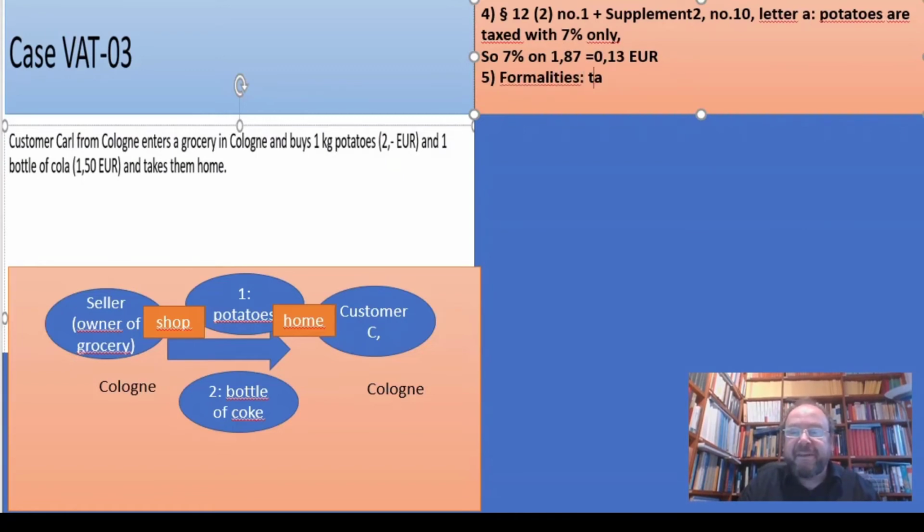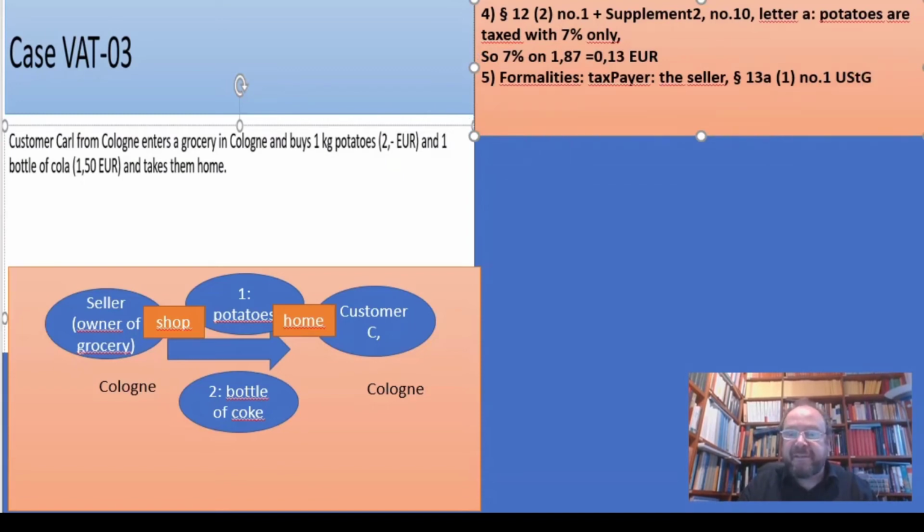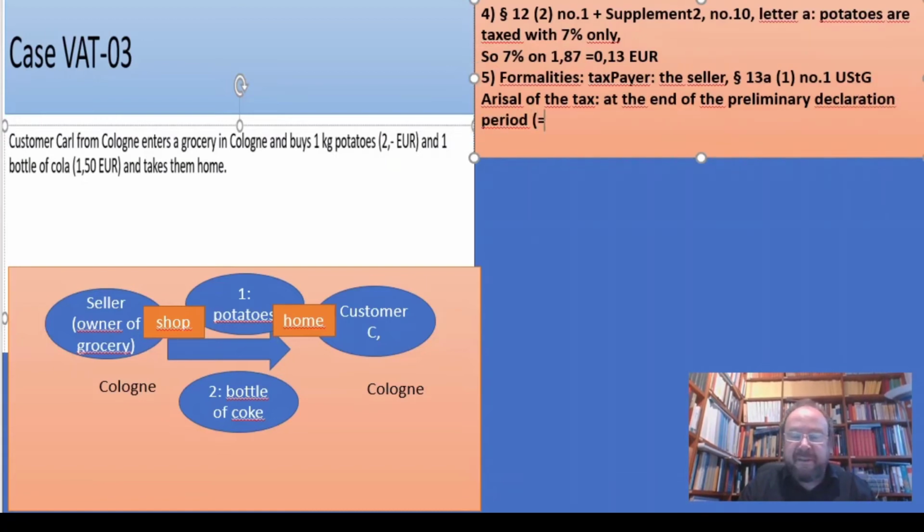And you remember the taxpayer, that was the pay in the P in paid. That's the seller, the entrepreneur. Paragraph 13a, 1, number 1 is the respective source. The arisal of the tax is at the end of the preliminary declaration period. That is the month usually during which the delivery is made.